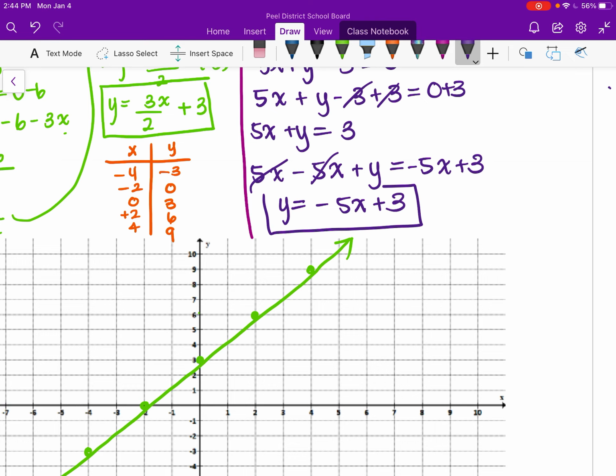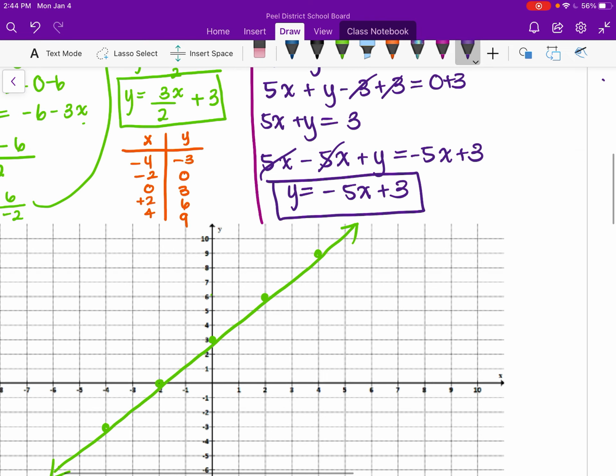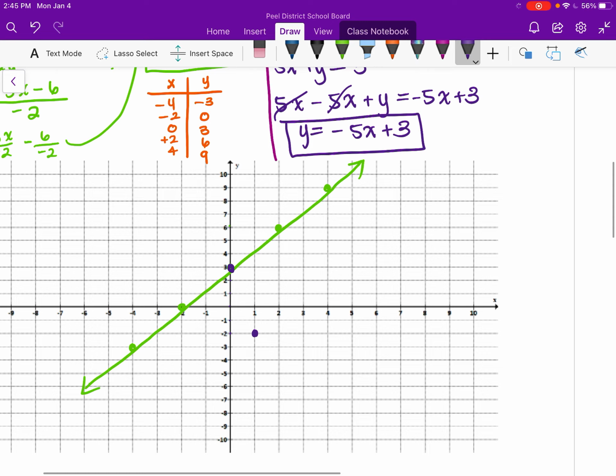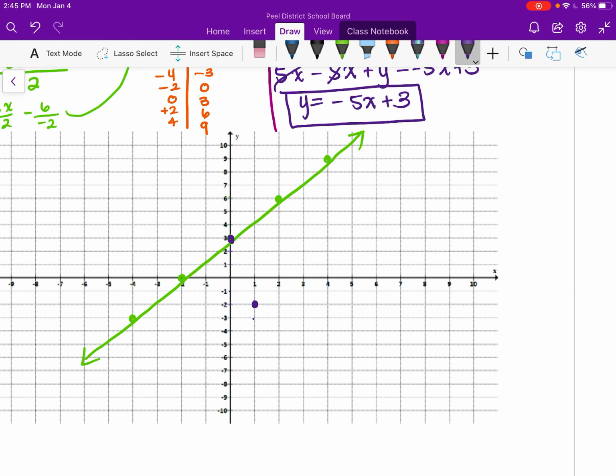And again, I know here that my graph is going to start at plus 3, so I can just go down 5 and over 1, right? So 1, 2, 3, 4, 5 over 1. Sorry, apologies. Down 5, so again, down 1, 2, 3, 4, 5 over 1.